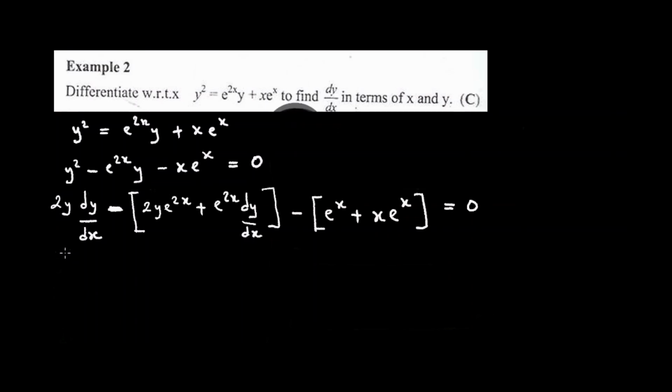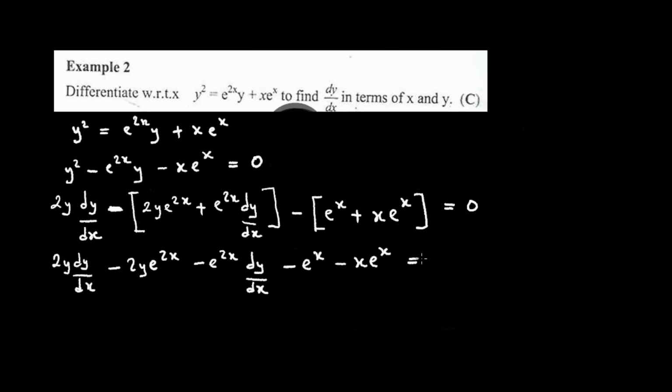So let us simplify. 2y divide x minus times this and minus 2y e to the 2x minus times that and minus e to the 2x divide x, then minus times this and minus e to the x minus times that and minus x e to the x, and this is equal to 0.